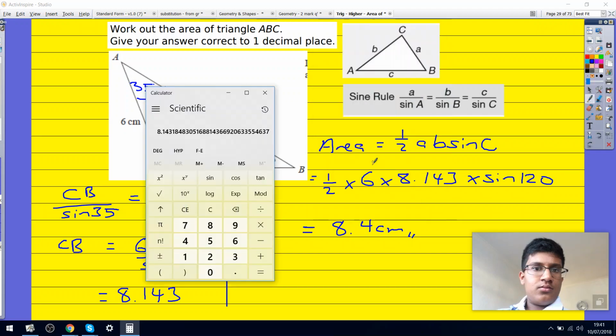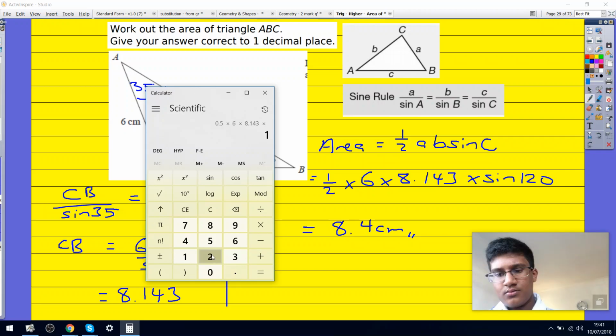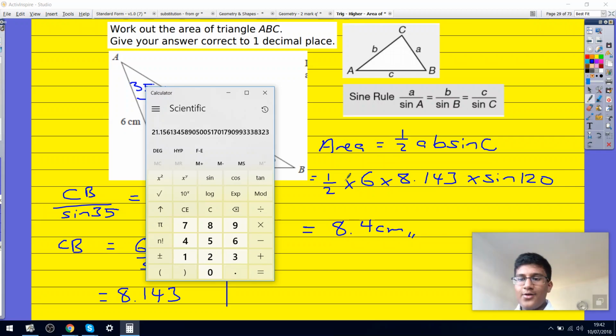And so a half times 0.5 times 6 times 8.143 times the sine of 120. I get 21.2. Did you put it in your calculator wrong? Yeah, for the sine 20 I did sine 20, not sine 120 there. Okay, so it's just a misread. You said 120. I think you just pressed the wrong one.